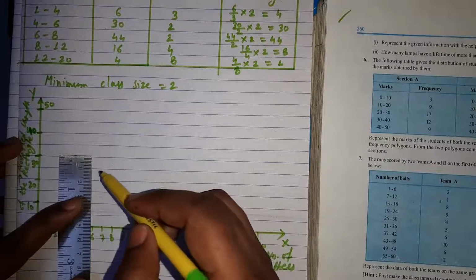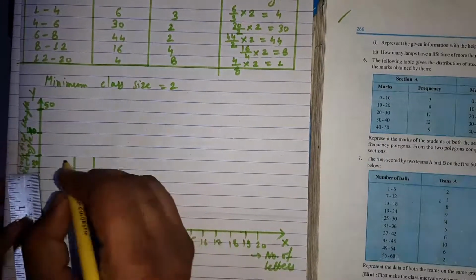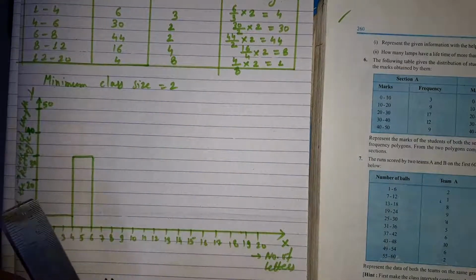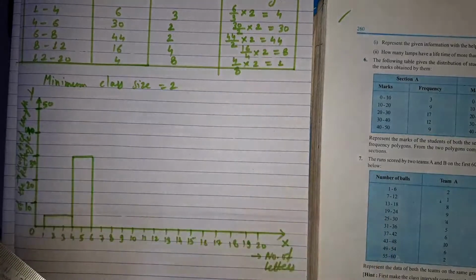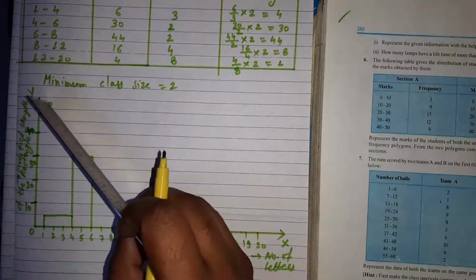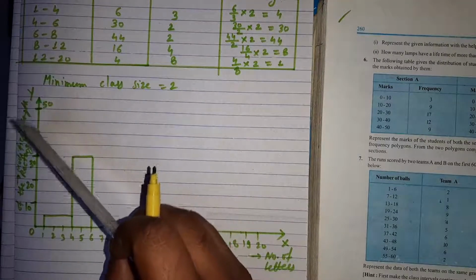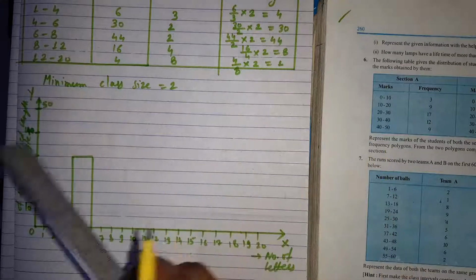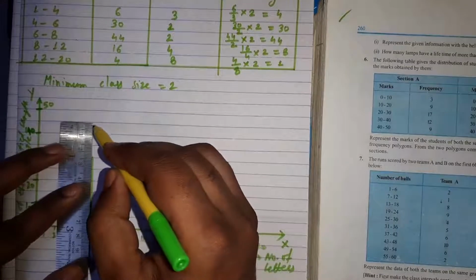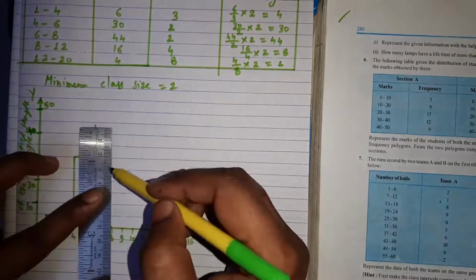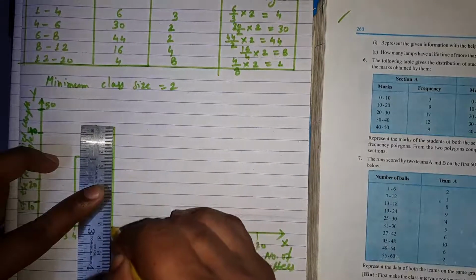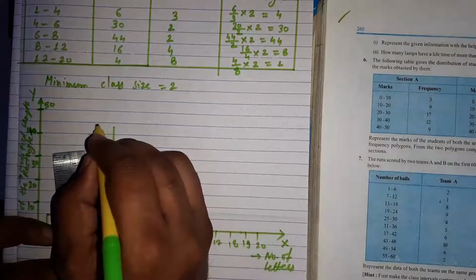For the next class interval 6 to 8, the modified length is 44. So 44 will lie between 40 and 50.